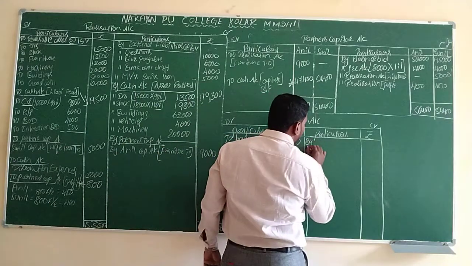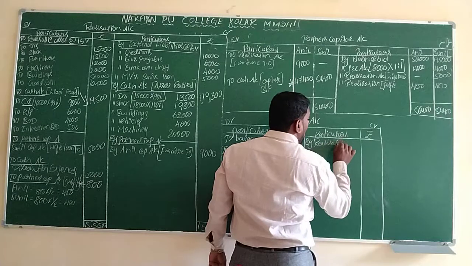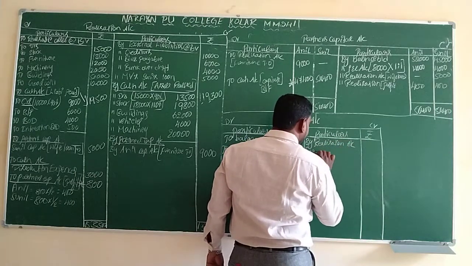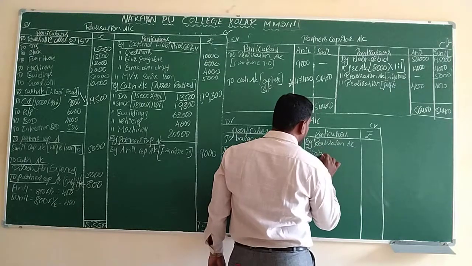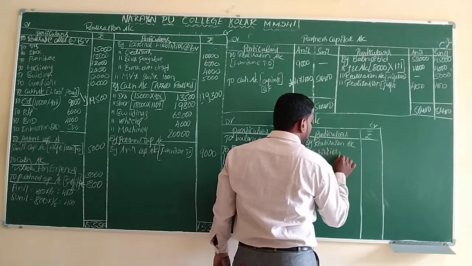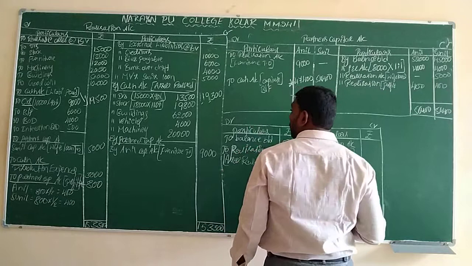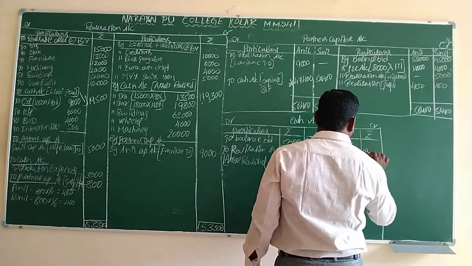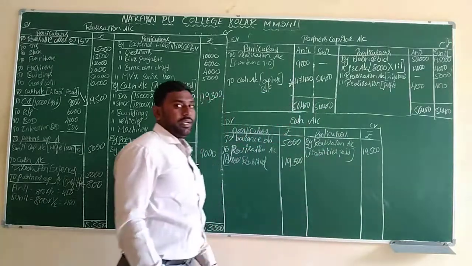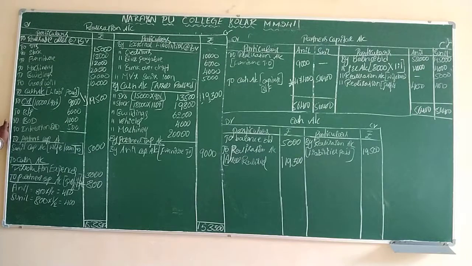We will write 'By realization account', and in brackets mention liabilities paid, that is 19,500, which we have to transfer.